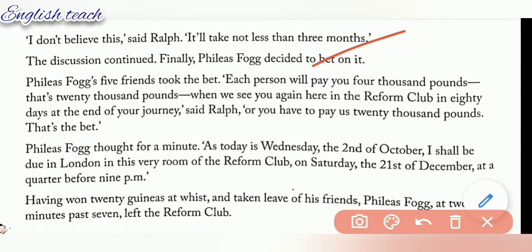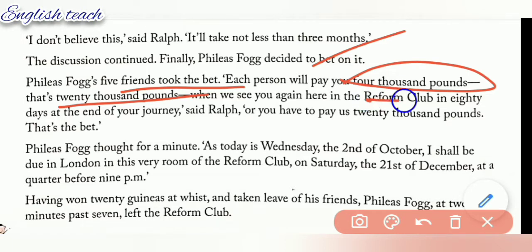And Fogg's 5 friends made the bet between them. Each person will pay 4,000 pounds, so totally 20,000 pounds. "When we see you again here in the Reform Club in 80 days, at the end of your journey, you have to pay 20,000 pounds to us."